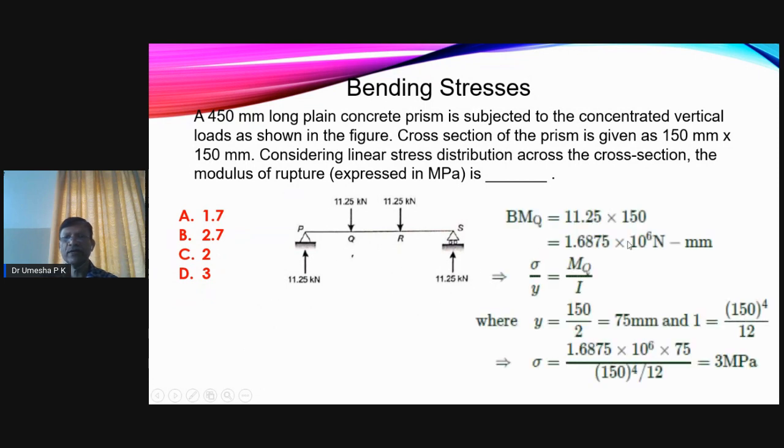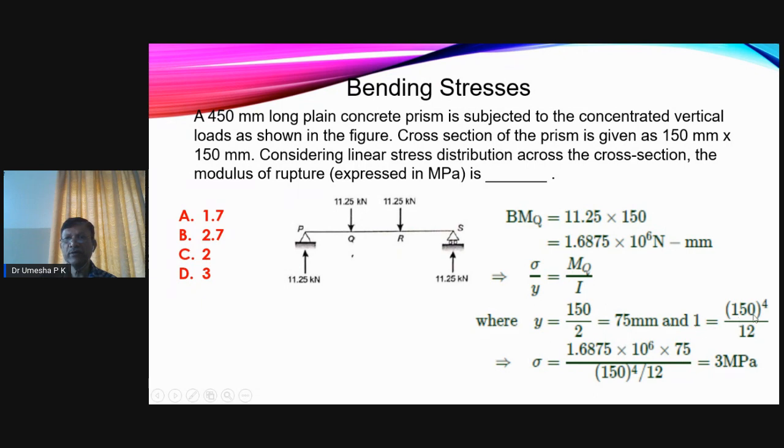So what you have to calculate is the moment at Q. The reaction you can calculate, because it's uniform, 150, 150, 150, so the reaction is equal to 11.25 kilonewton. Into the distance 150, you will get the bending moment at Q. So stress by distance y is equal to MQ divided by I. Y is equal to 150 by 2, that is 75.